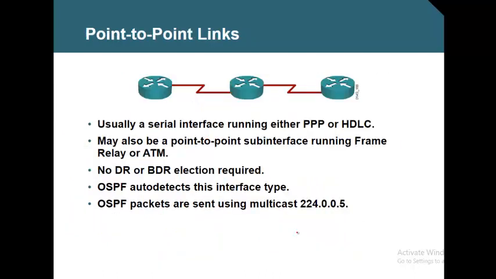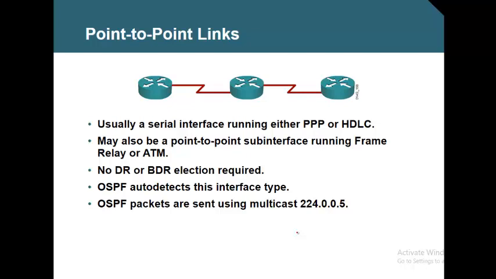You know about point to point. When you got a serial wire, OSPF considers it as the point to point network type. You don't need to say, hey, I have a point to point. It automatically senses that he has got a serial link, with the encapsulation as HDLC or PPP.